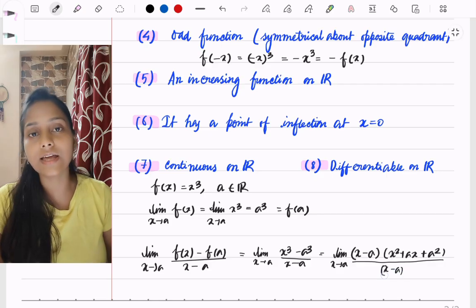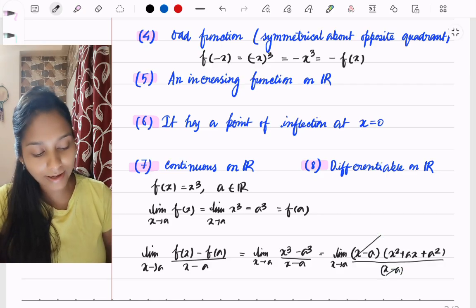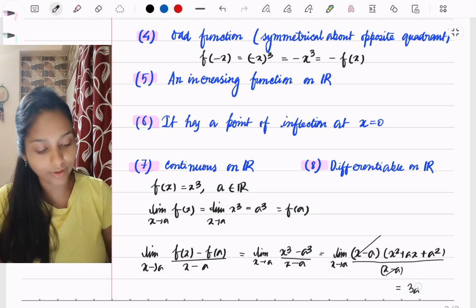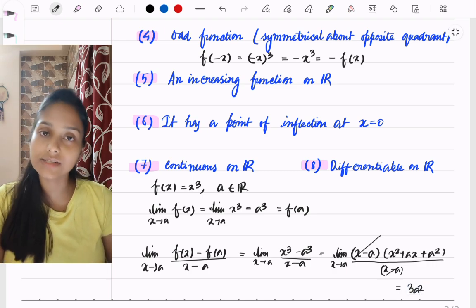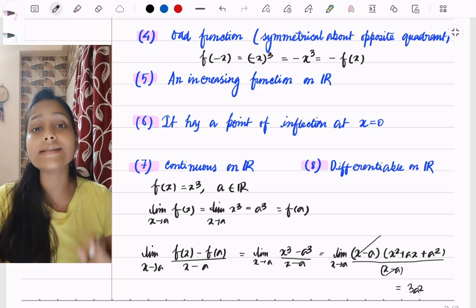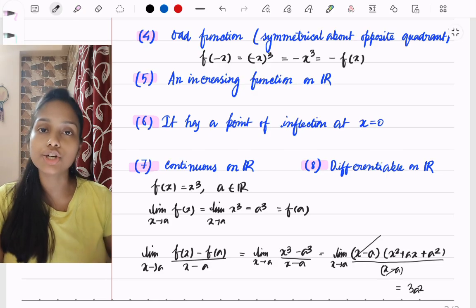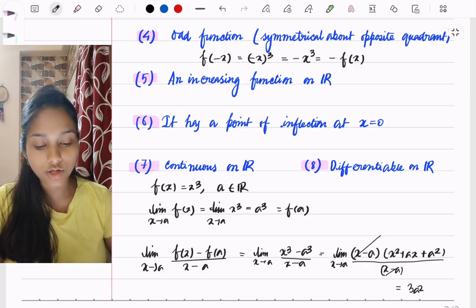So (x - a) will get cancelled out from the numerator and denominator, and by putting the limit x tends to a, we have 3a square. So the limit exists and the function is differentiable at a, and as a is an arbitrary real number, the function is differentiable on the whole real axis.